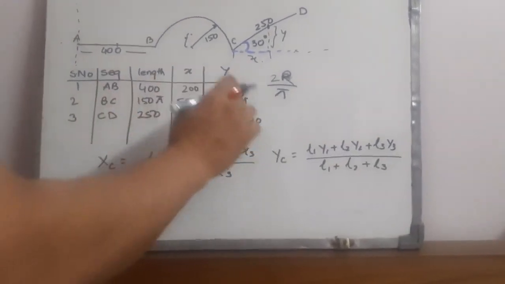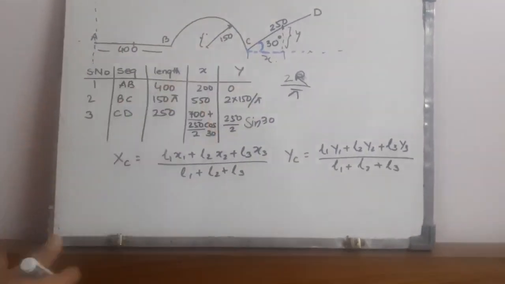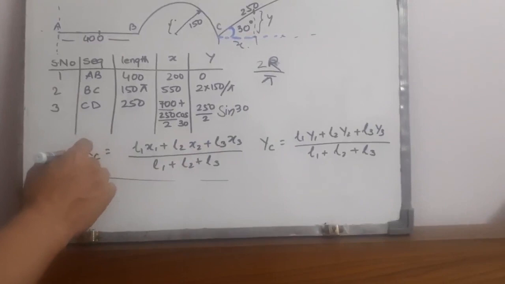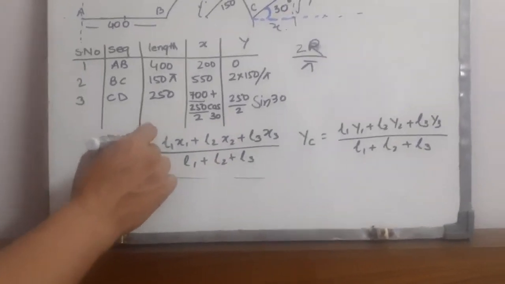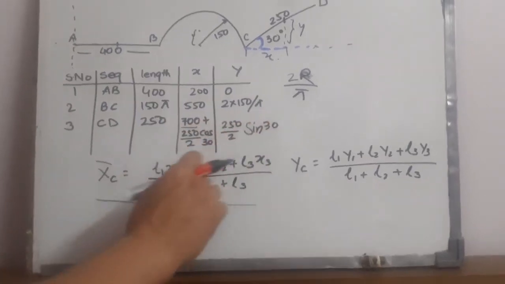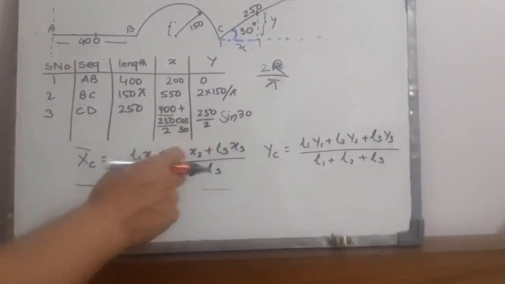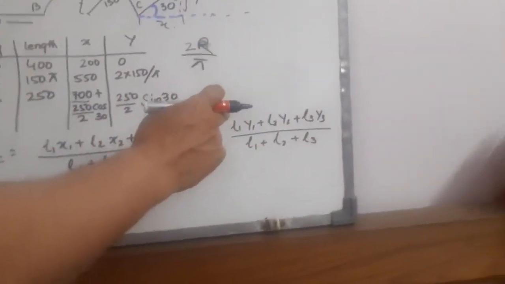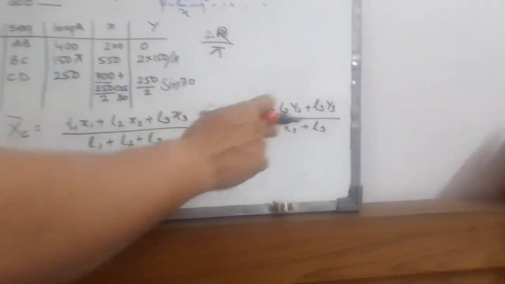So now you have all values of length, x and y. Now put it into the standard formula, where x centroid or x bar or xc is given by L1 x1 plus L2 x2 plus L3 x3 divided by L1 plus L2 plus L3. All values are known to you. You can calculate xc. Similarly yc, L1 y1, L2 y2, L3 y3, all are known to you.